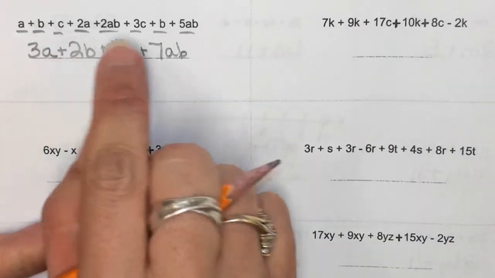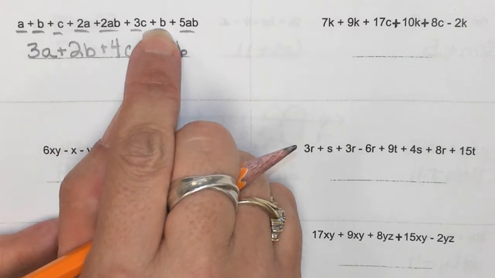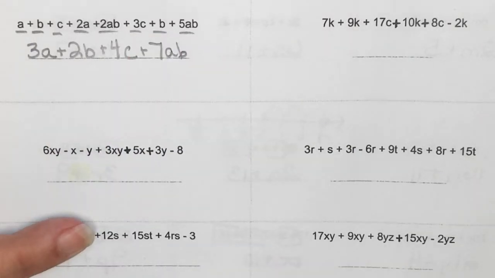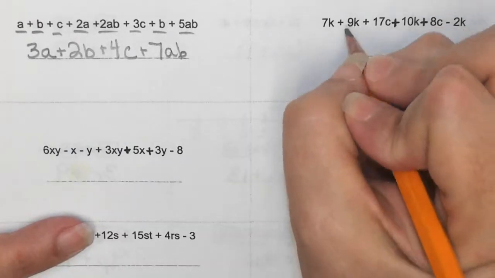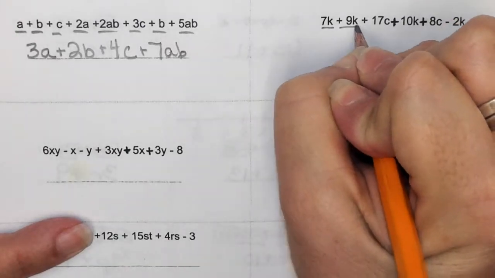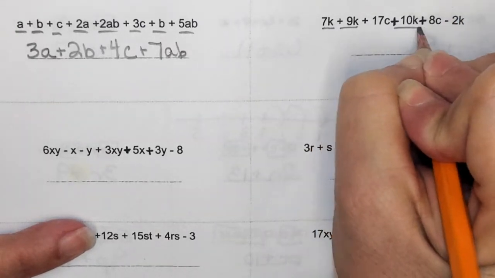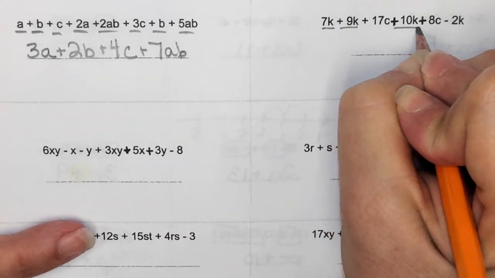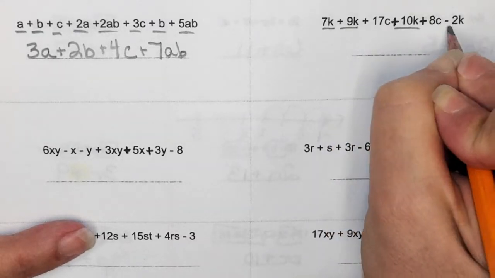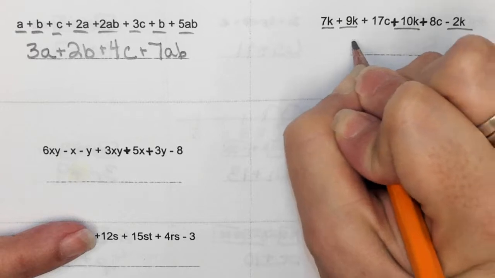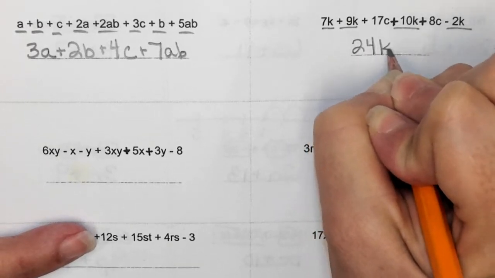Because there's a B and there's a B. 1B plus 1B. Okay, 7K plus 9K, 16K. Plus 10K is 26K. Minus 2 is 24K.